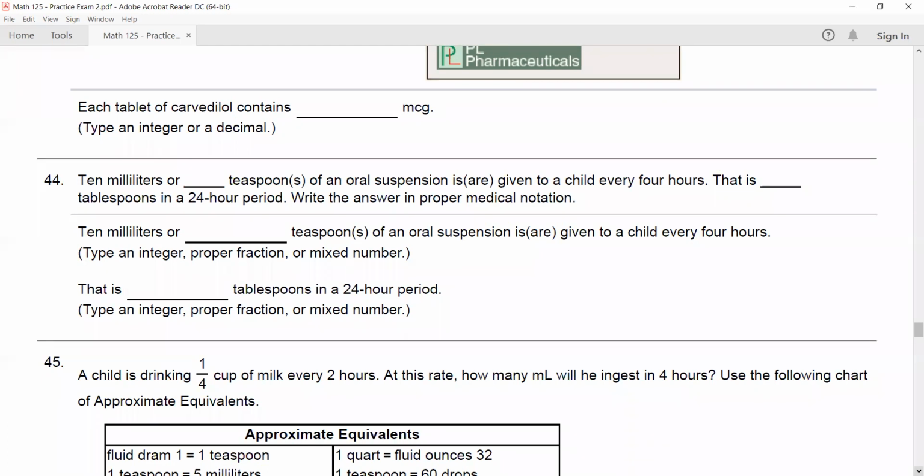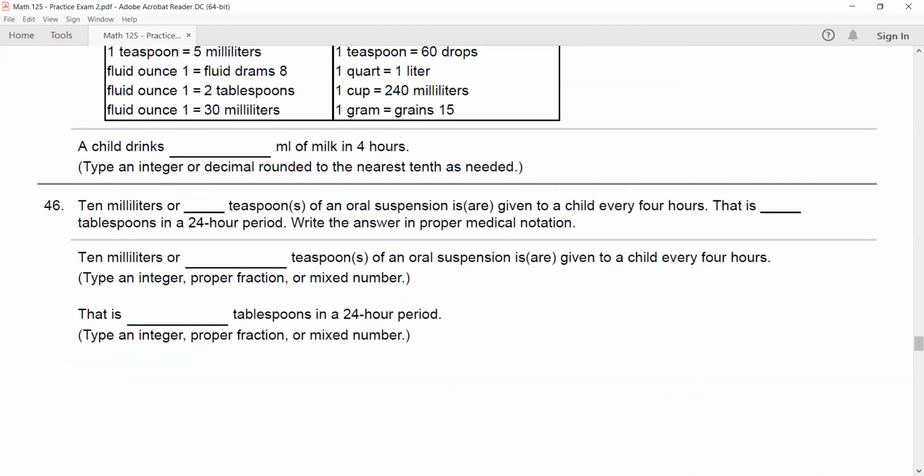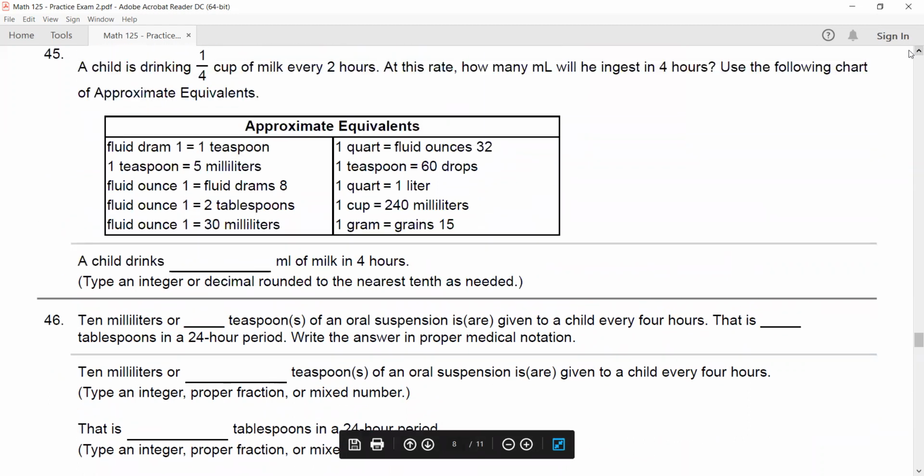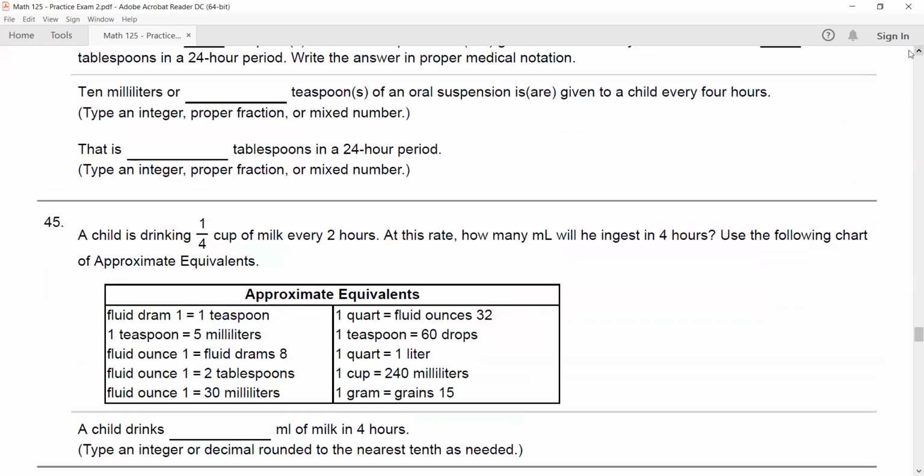Now, if you go back to any of the tables that we are using for approximate equivalence, like this one at the bottom, you would see that 5 ml equals 1 teaspoon. So that helps us a lot.